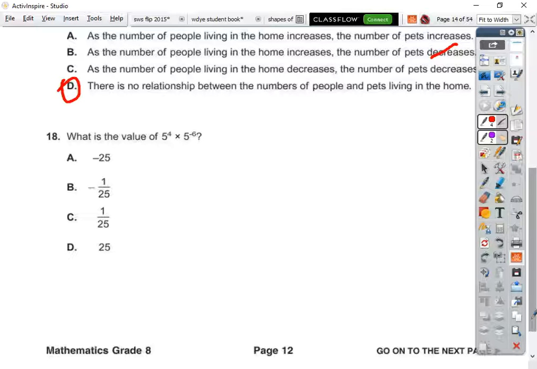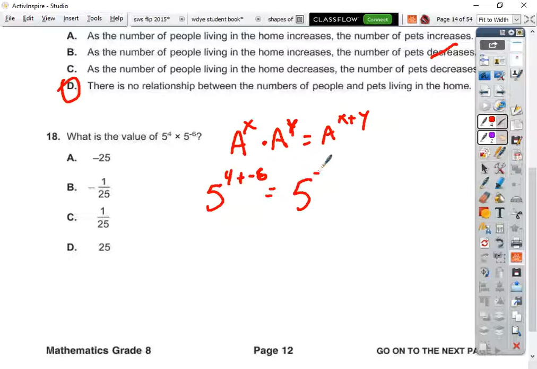18. What is the value of that? Okay. So the rule is you add the exponents if the base is the same. So in this case, we have 5 to the 4th plus -6, which is equal to 5 to the -2nd.